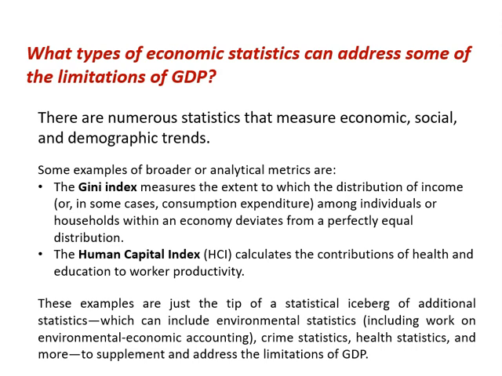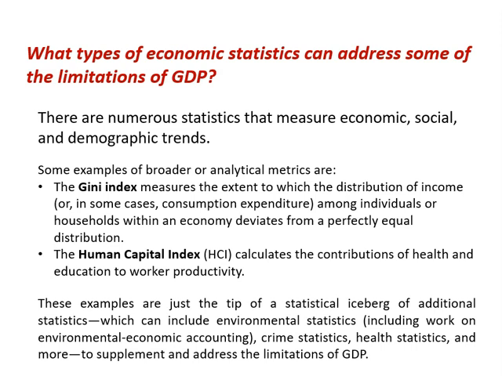What types of economic statistics can address some of the limitations of GDP? There are numerous statistics that measure economic, social, and demographic trends. Some examples of broader or analytical metrics are the Gini index, which measures the extent to which the distribution of income, or, in some cases, consumption expenditure, among individuals or households within an economy deviates from a perfectly equal distribution.